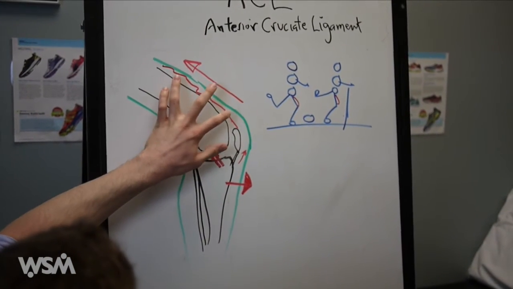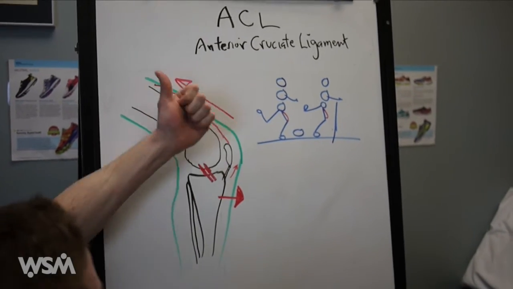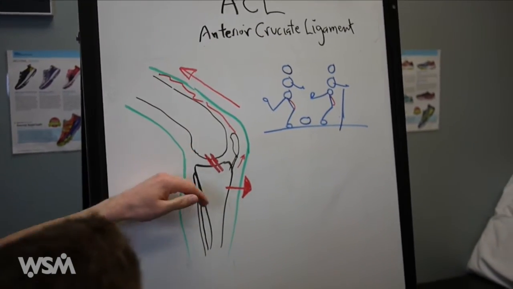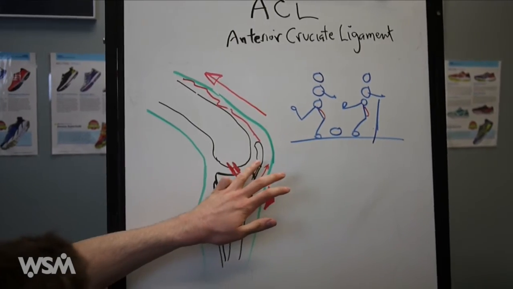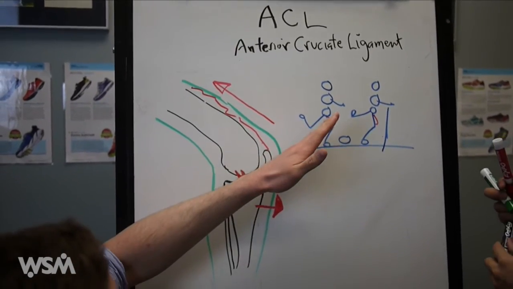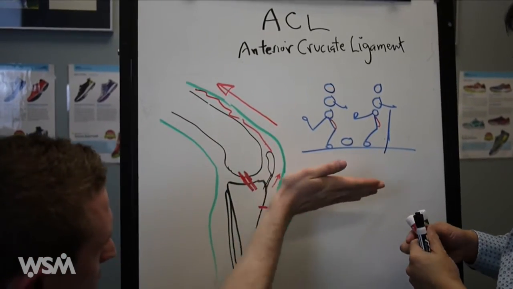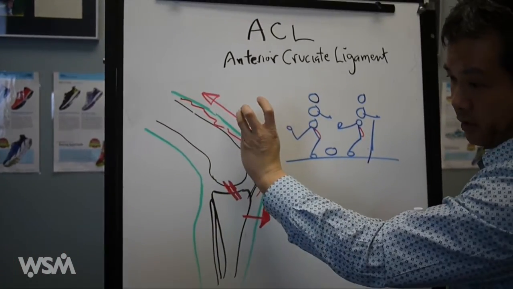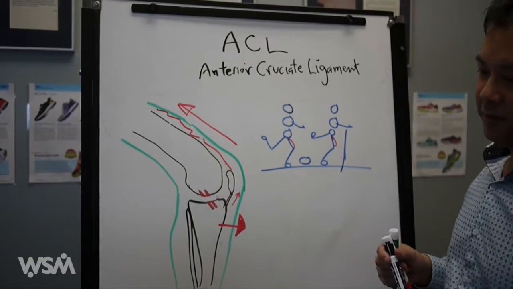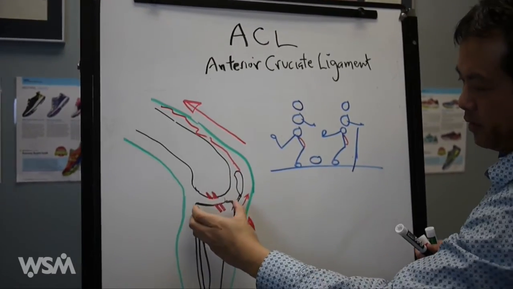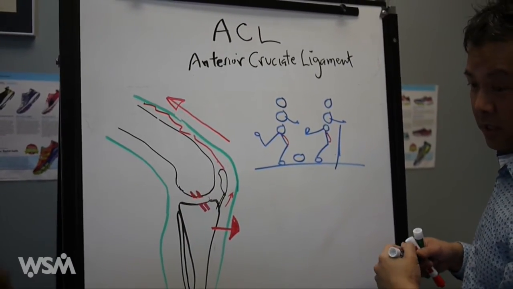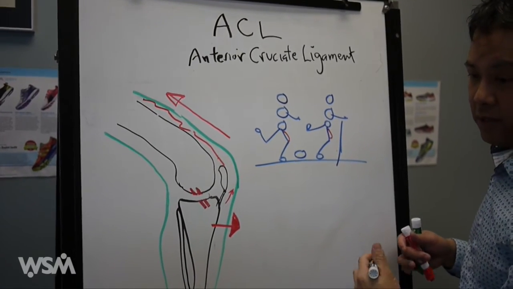So you have a force vector from the shortening of this muscle that points up the thigh. And then you also have from the tension in this ligament a force vector this way. So at the end result, you're pulling the tibia sort of in this direction. And a violent enough force can snap your ACL. Yeah. And then the tibia shifts forward.